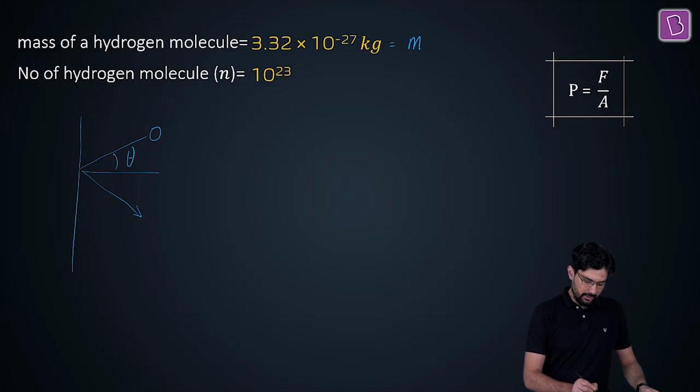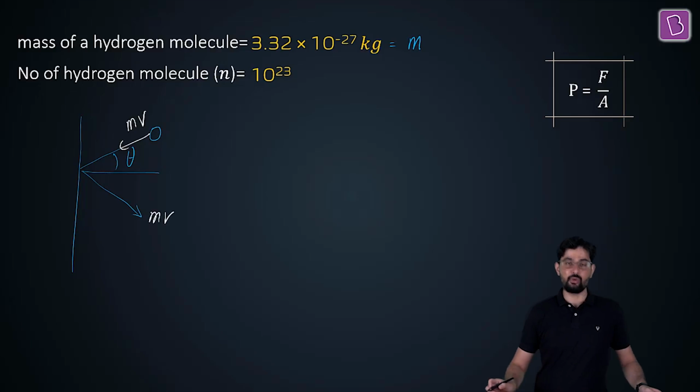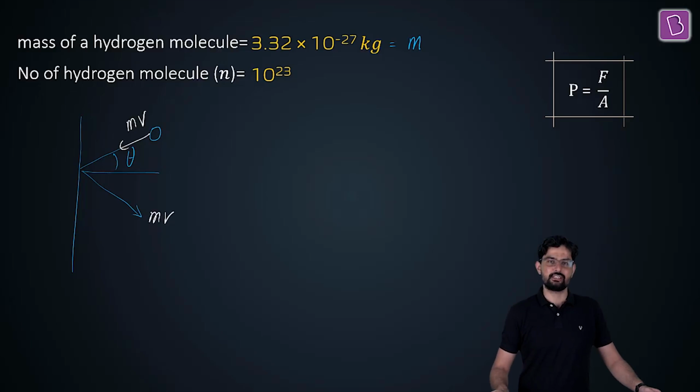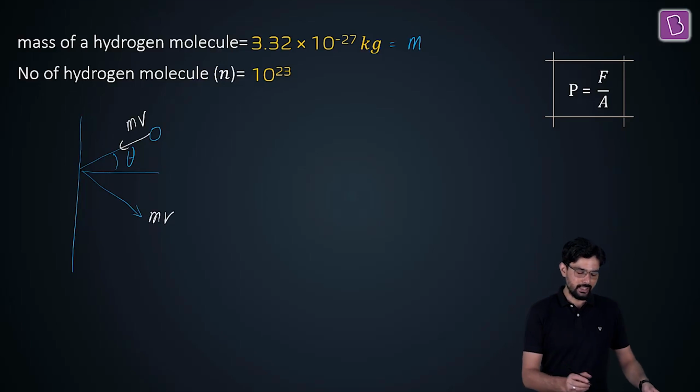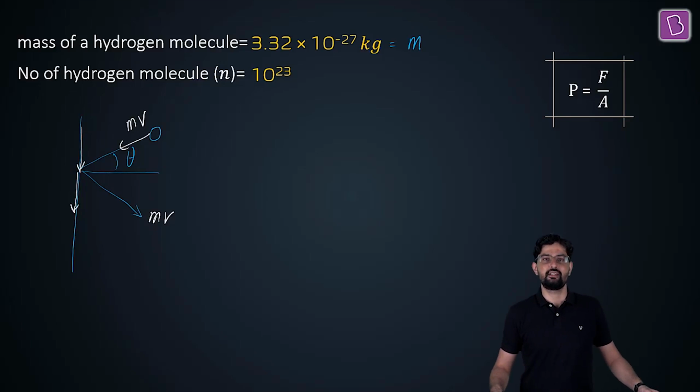So the linear momentum initially is along this direction and the magnitude is m into v. And finally, after the collision, the linear momentum magnitude remains m into v, just that the direction is like that. Now can you see that the linear momentum parallel to the wall doesn't change? So there is no force applied along the direction parallel to the wall.